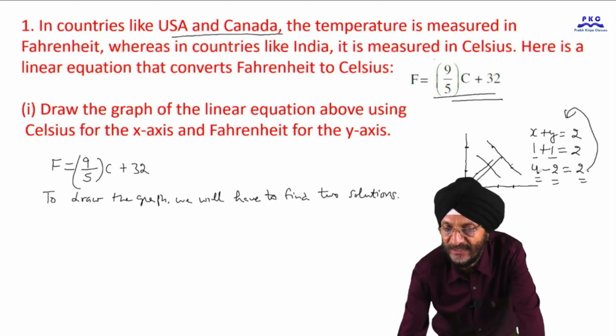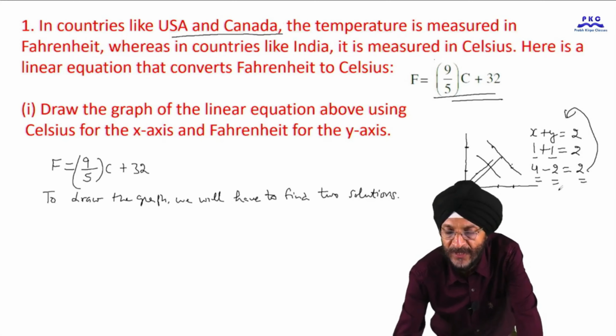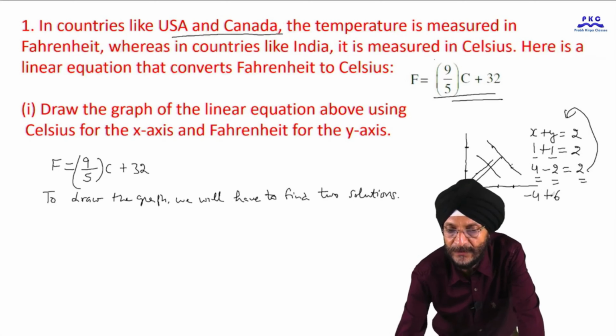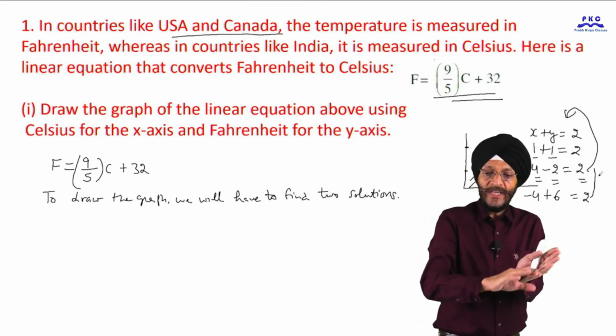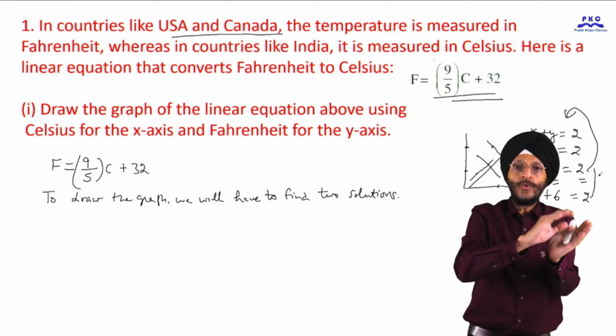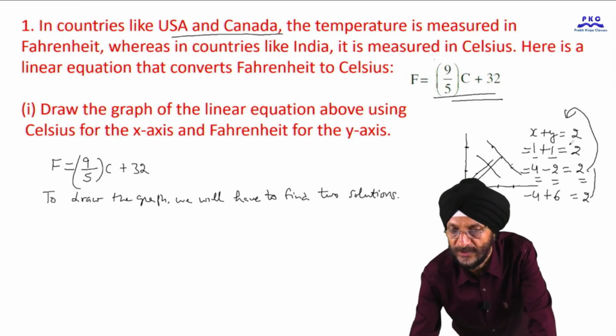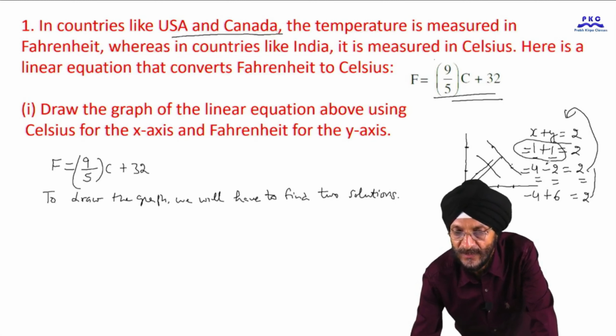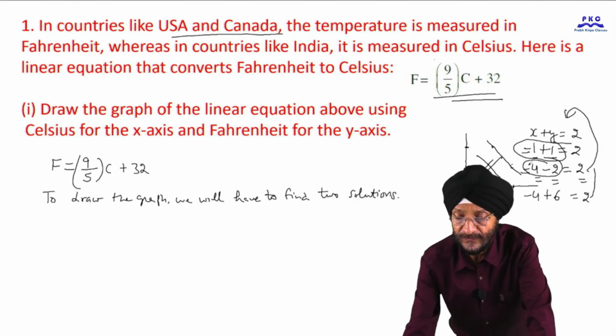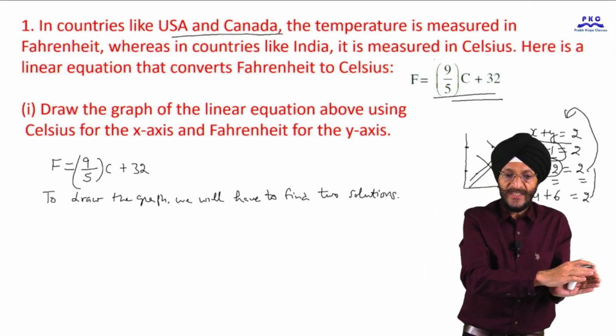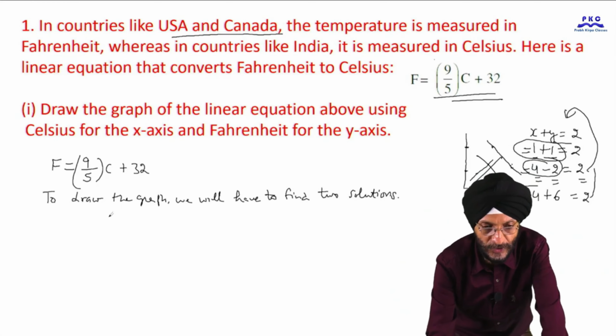It can also be possible that if we take the value of y as 6 and value of x as -4, it also satisfies the equation. Just as this was one solution, this was another solution. In the same way, in this case, we will have to find the two solutions.